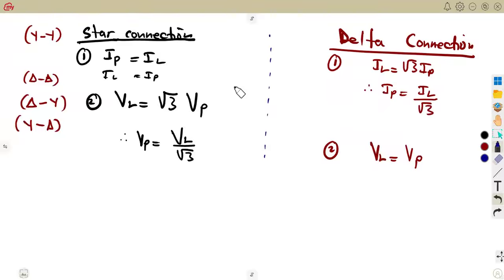So as long as we have to consider this, guys, in our calculations, you are supposed to use only phase values.